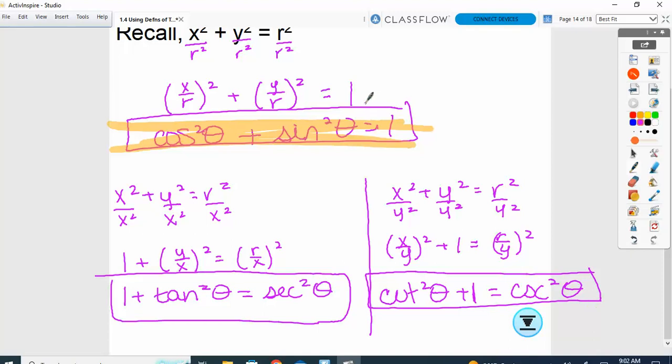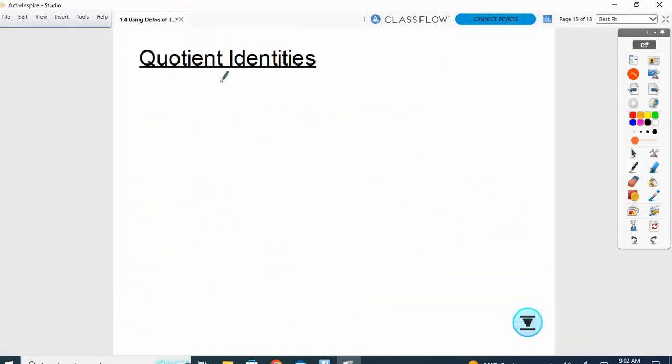Another thing that comes up in terms of some identities, we have quotient identities. So I want to know, if I took sine theta divided by cosine theta, what would that give me? What is the definition of sine?